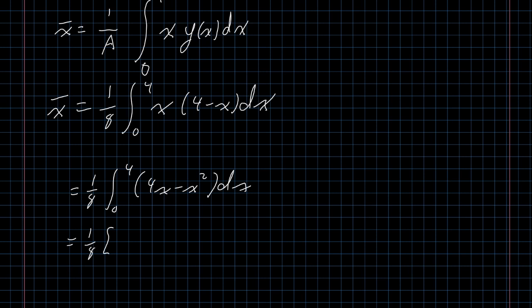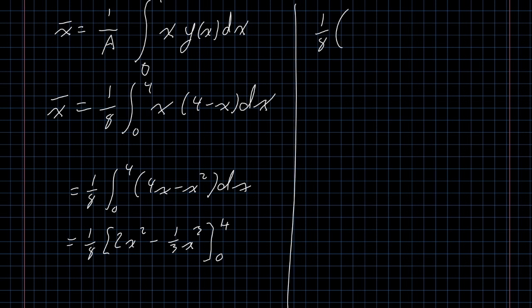The integral of 4x is 2x squared. The integral of x squared is 1/3 x cubed. My limits of integration are 0 and 4. Let's see. Plugging in x equals 4. 4 squared is 16. 2 times 16 is 32. 4 cubed is 64. So we have 64 over 3.